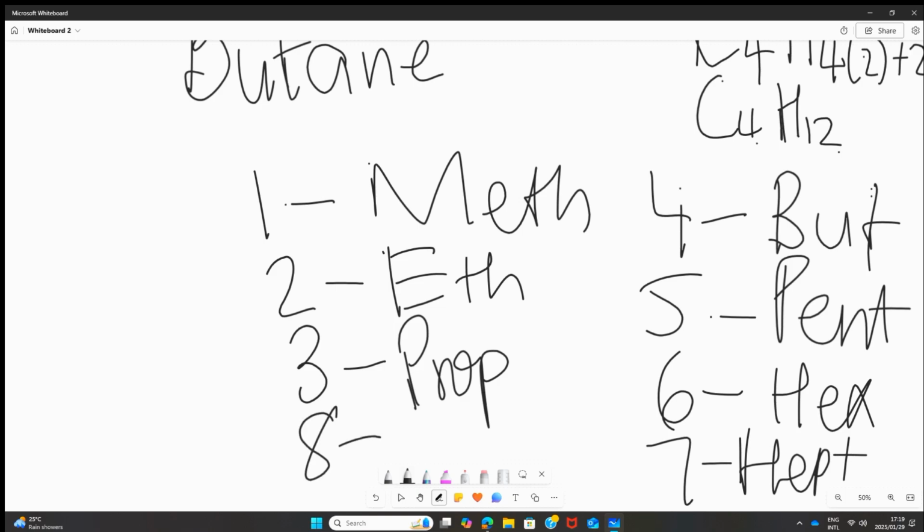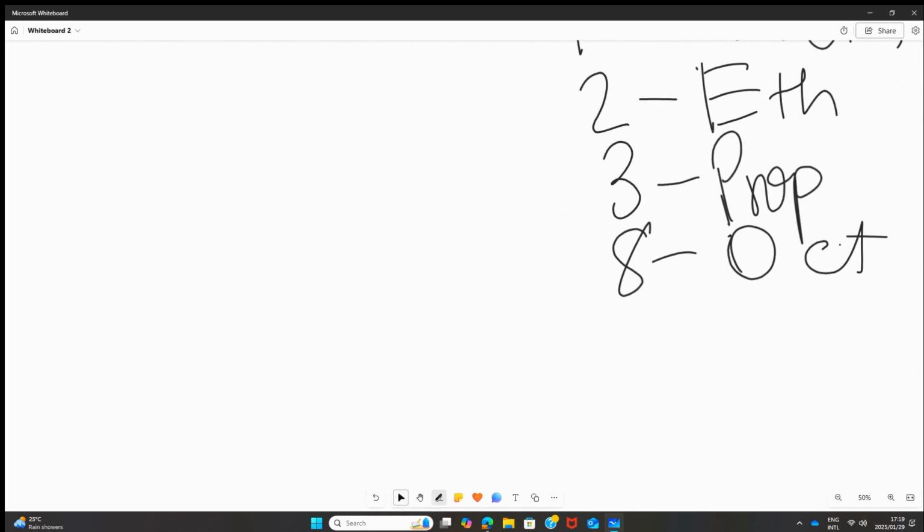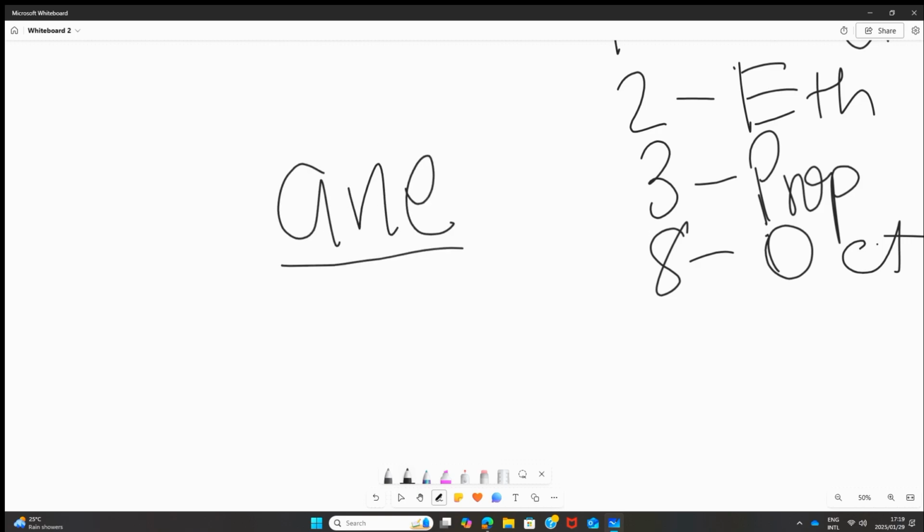So these become your prefixes all the time. Whether it's an alkane, an alkene, or an alkyne, you use the prefix. But your suffix for your alkanes will always be ane. And the functional group for alkane is carbon single bonds, carbon. All of them.